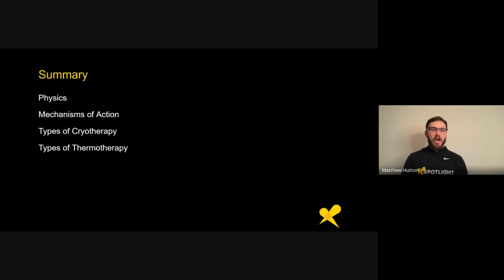Cool. So just to recap, the physics drive a lot of the treatment options available to us with cryotherapy and thermotherapy. The mechanisms of action within the human body are pretty poorly understood, and sometimes they are multi. There are lots of different effects happening at once, sometimes more than others, but you need to consider those pros and cons when you're applying or selecting a treatment.